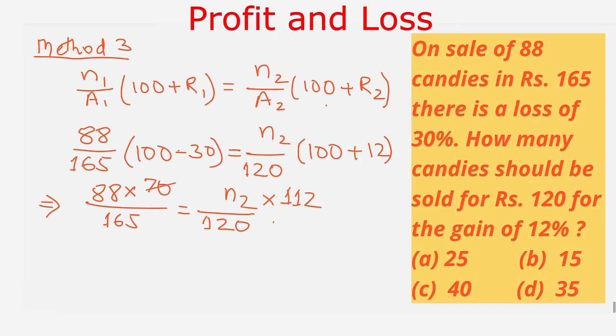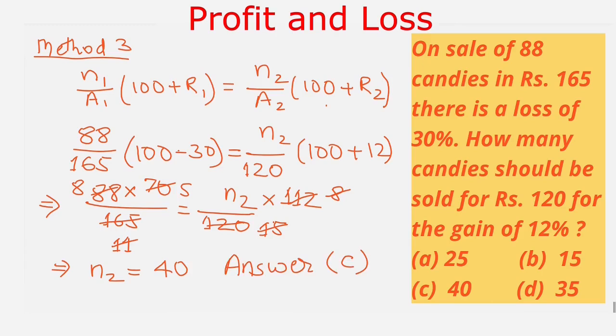We cancel 70 by 14. 14 cancels 70 for 5 times and 112 for 8 times. 8 cancels 120 for 15 times. 15 cancels 165 for 11 times and 11 cancels 88 for 8 times. This gives N2 equal to 8 times 5, which is 40. Thus, we should sell 40 candies for rupees 120 for a gain of 12%. And from the given options, our answer is option C.